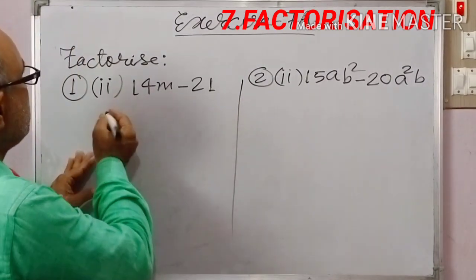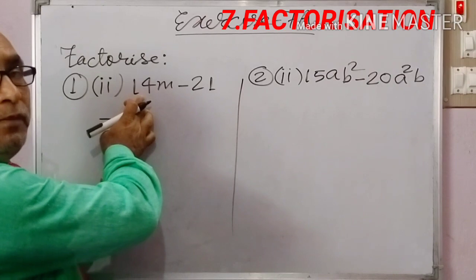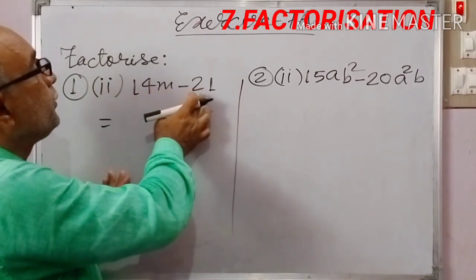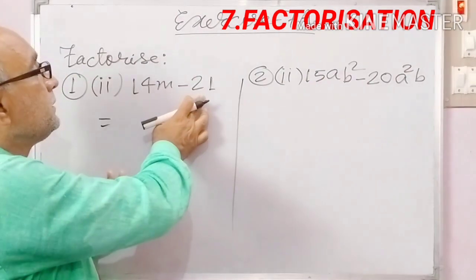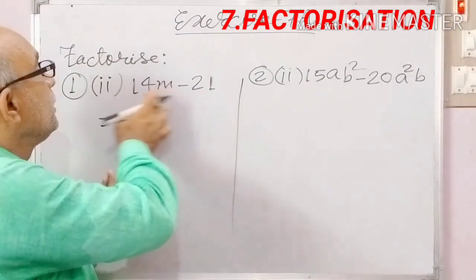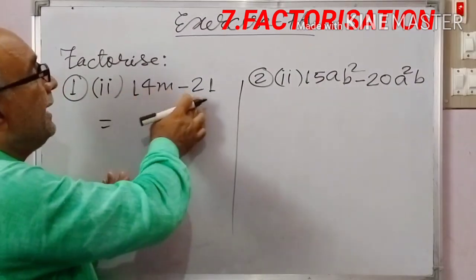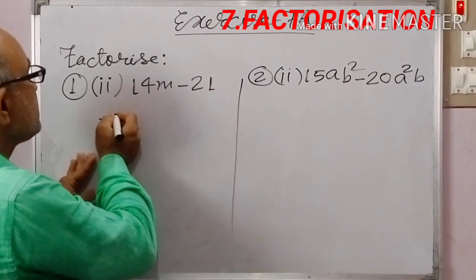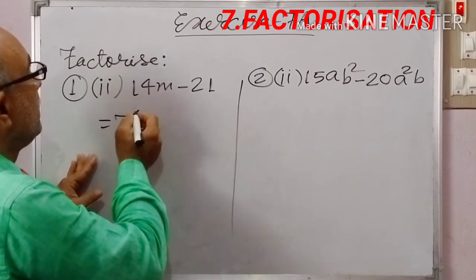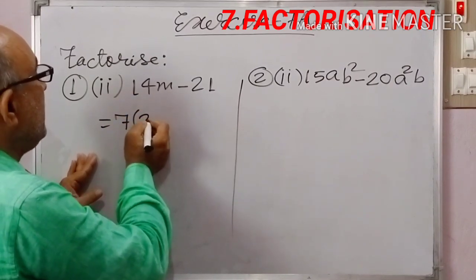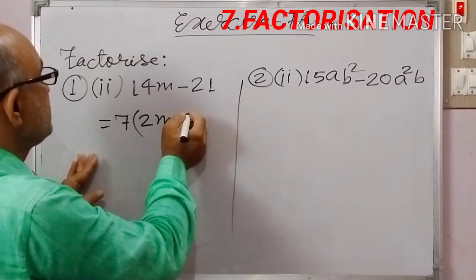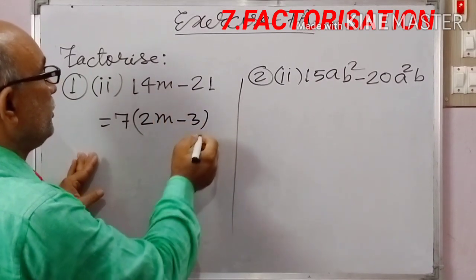Here 14 means 2 into 7, and 21 means 3 into 7. 2 into 7 is 14 and 3 into 7 is 21. So here common is 7. Now 7 into 2m minus 7 into 3 is 21.